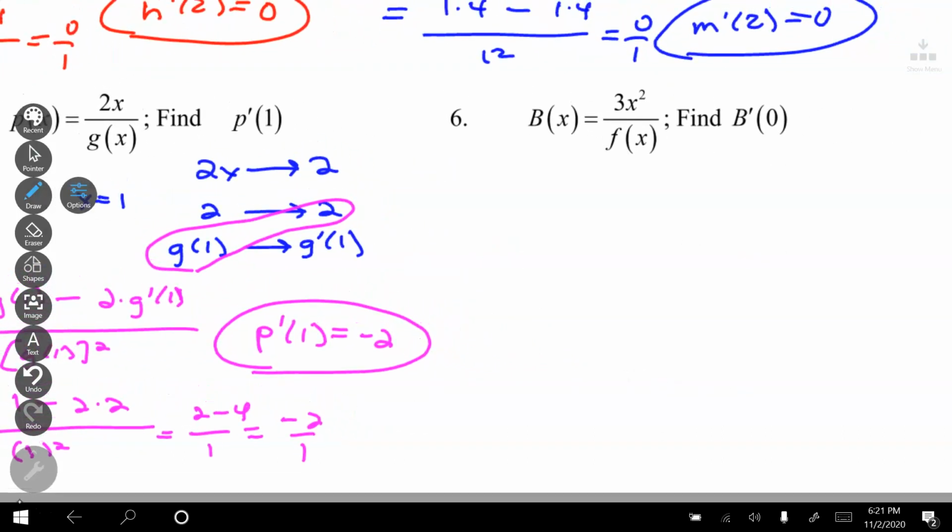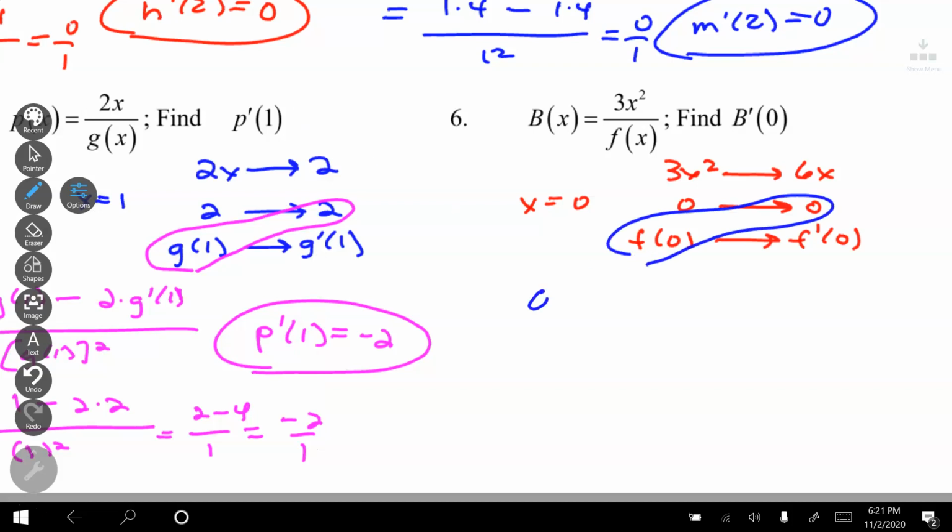I'm going to use, so 3x squared, that derivative is 6x, except I'm going to use x equals 0. Plug in 0, I get 0's derivative is 0. Yeah, kind of ruins everything. f of 0, f prime of 0, and I do my crisscross. 0 times f of 0 minus 0 times f prime of 0 over f of 0 squared.